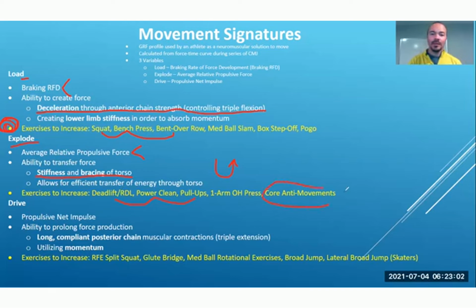And then, yes, you can just do core anti-movements. And what's a core anti-movement? Well, might be sitting on the couch eating pizza, because that's going to be terrible for your core. But what it really means is anti-rotation, like a Palloff press, anti-flexion, like a plank, I guess that'd be anti-extension, excuse me.